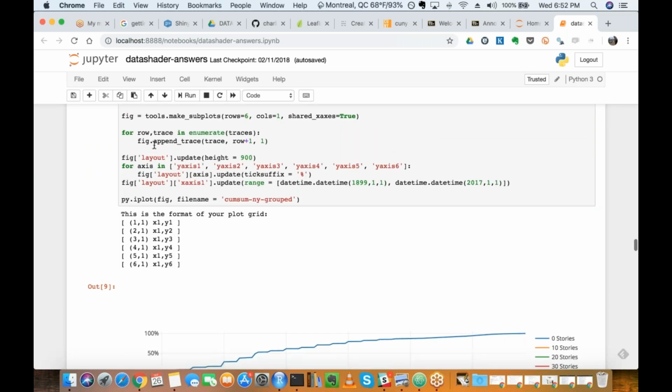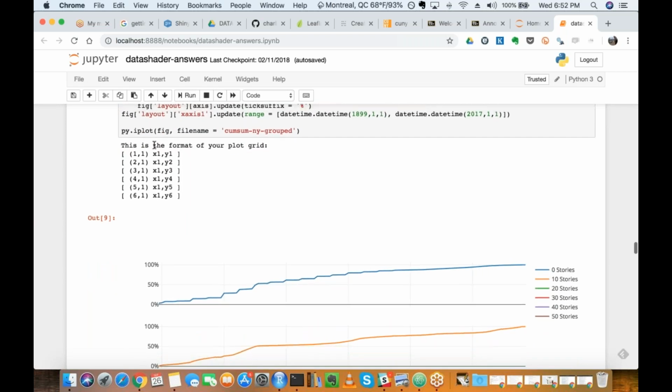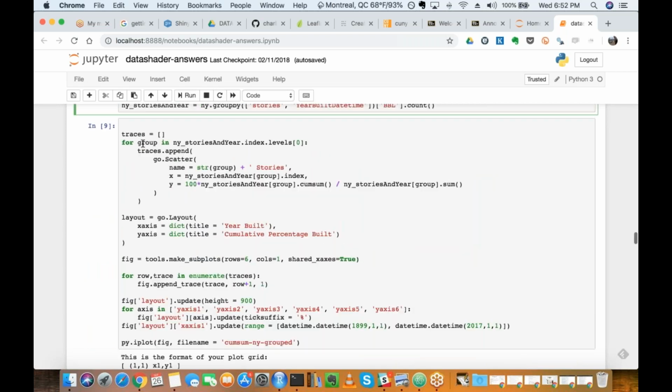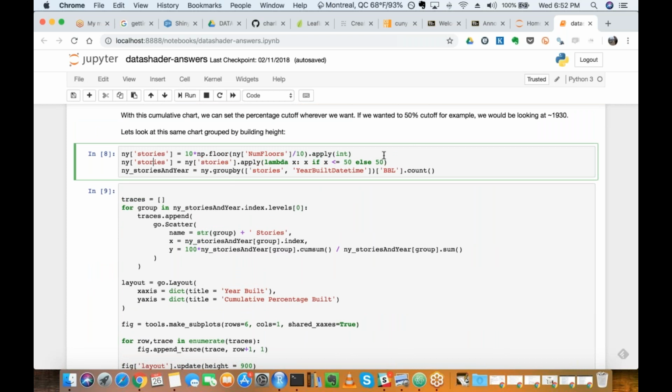So I'm looking at 0 stories, 0 to 10, 10 to 20, etc., and I'm capping my data at 50. Wherever you guys chose to cap it, I'm not super concerned with, but it makes sense to, once you get above around 50 stories, you're dealing with tall buildings. There's not too much of a difference, for these sorts of questions, between an 80-story building and a 90-story building, at least compared to the difference between a 20-story building and a 30-story building.